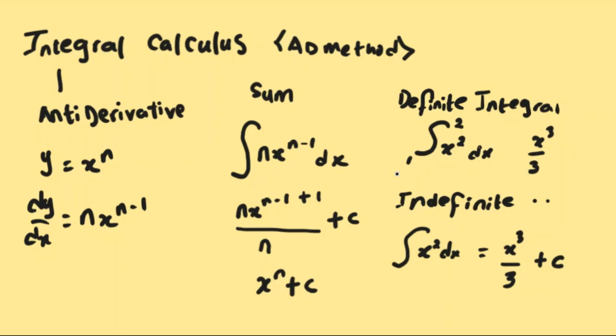Now, because you have a lower and an upper boundary, you have something like this: your lower boundary here and your upper boundary here. Some representations use a single line and you still have your lower and upper boundary. What it means is that you substitute your upper boundary into the function, then subtract what you get when you substitute your lower boundary into that same function.